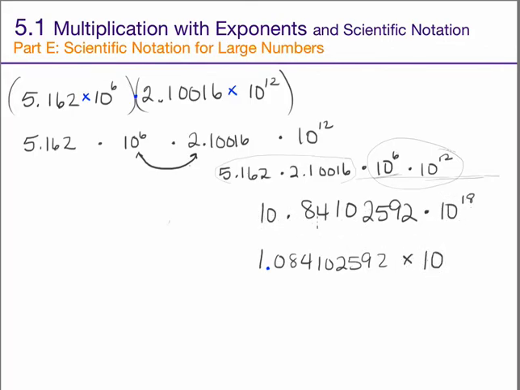I've taken a number not in scientific notation, and I'm trying to put it into scientific notation. If it were in scientific notation, how many decimal places would I have to move the point so that it was back in its non-scientific notation location? I'd have to go one more decimal place to the right. So although I started out 10 to the 18th, in scientific notation, this becomes 10 to the 19th.